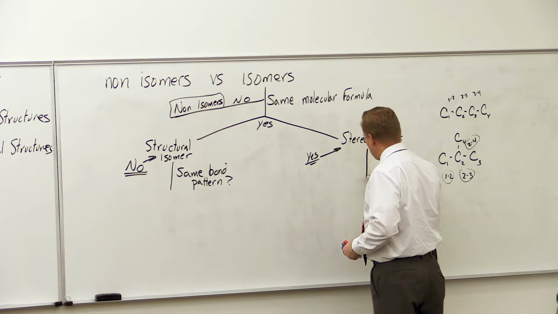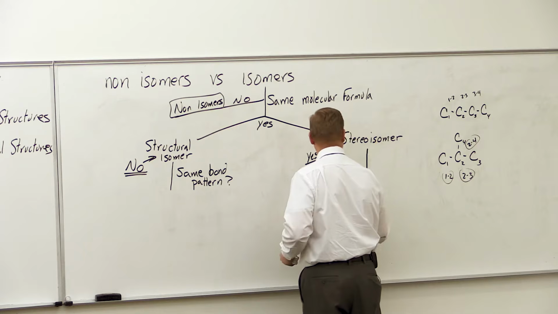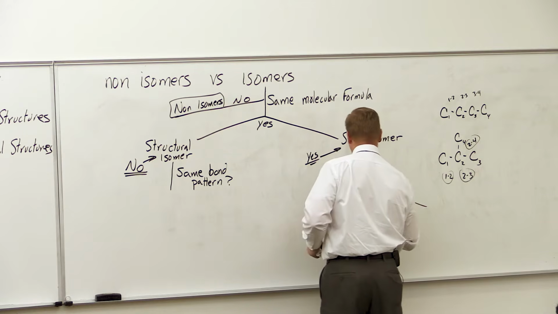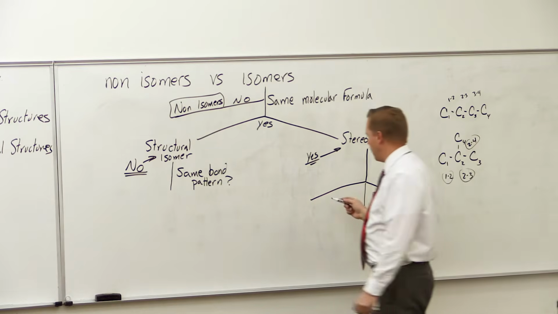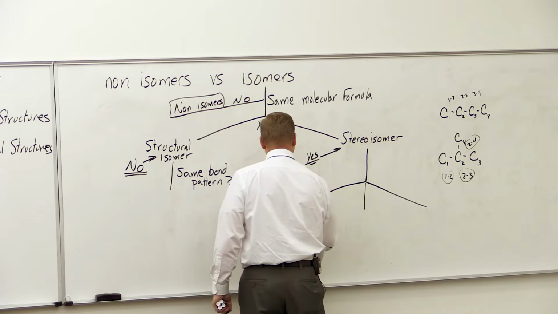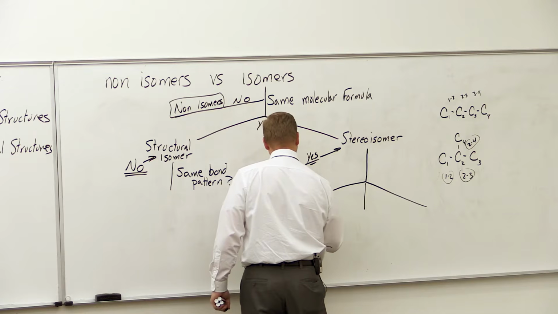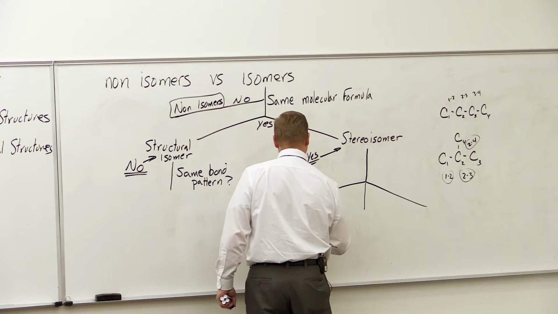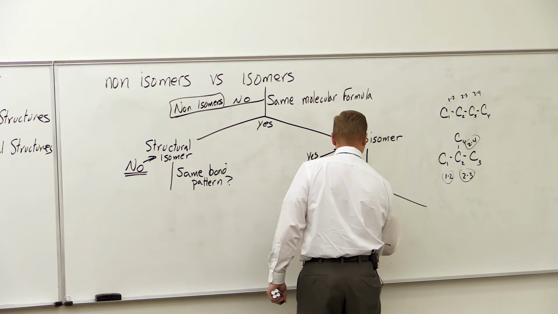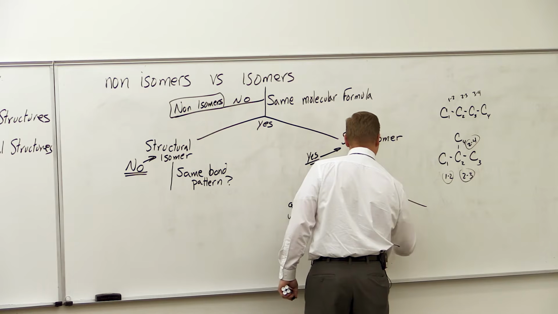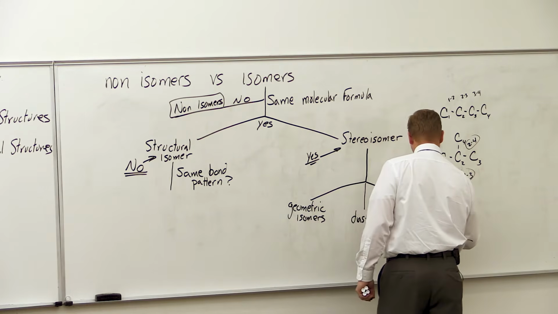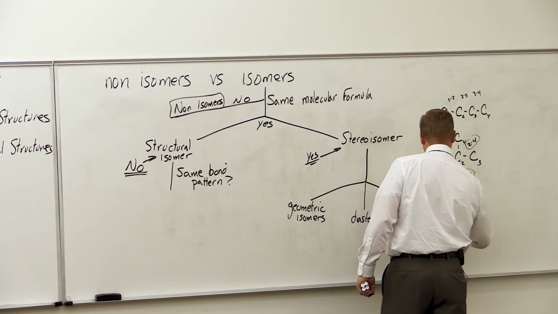Stereoisomers can be divided up into three different categories. And so we have geometric isomers, we have diastereomers, and we have enantiomers.